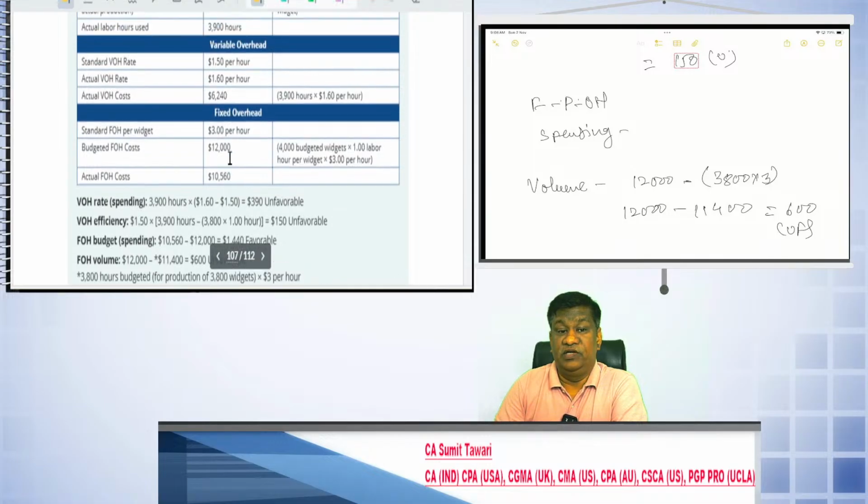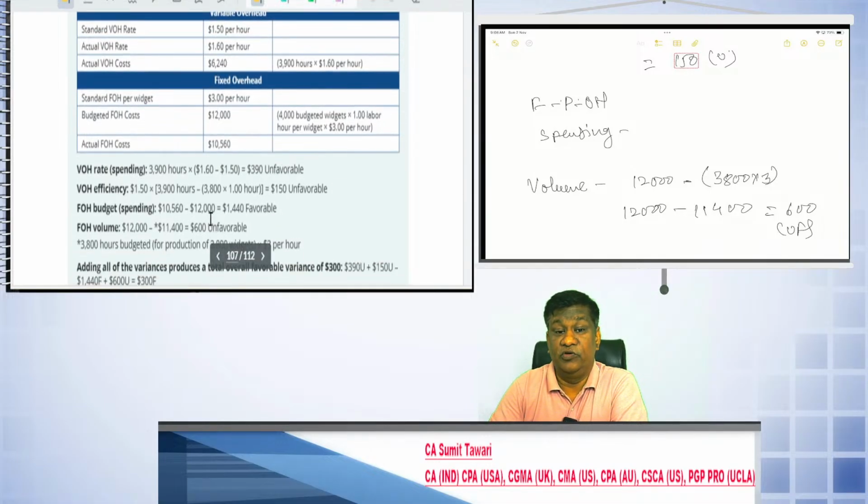So what we did in fixed overhead: whatever may be the fixed budgeted cost for whatever may be the volume, and whatever may be the actual cost for whatever may be the volume, that difference we calculated. And for the purpose of volume, we are calculating the standard cost only, not the actual one, but the standard cost for budgeted volume and the standard cost for the actual volume, and that difference we are calculating. This is basically the fixed budgeted and fixed production volume.